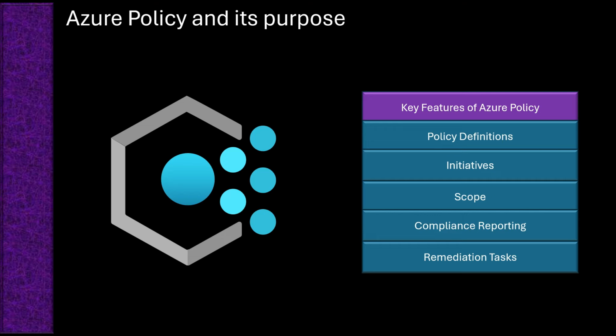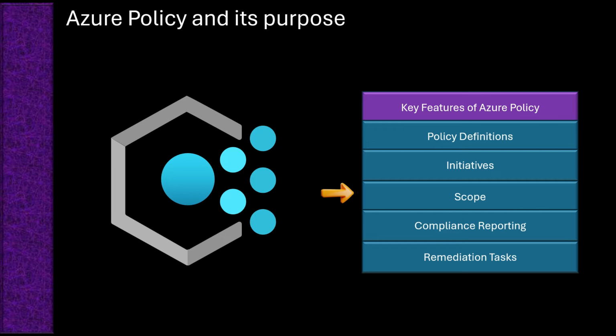Let's unpack some of the key features of Azure Policy. A policy definition outlines a specific rule, such as storage accounts must have secure transfer enabled. These rules are written in JSON and reusable. A policy initiative groups multiple related policies together, which makes it easier to enforce and manage comprehensive compliance requirements.